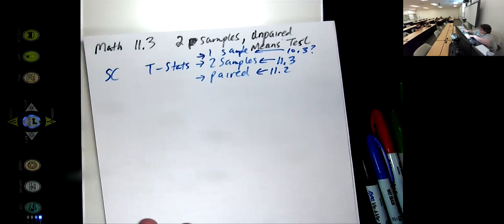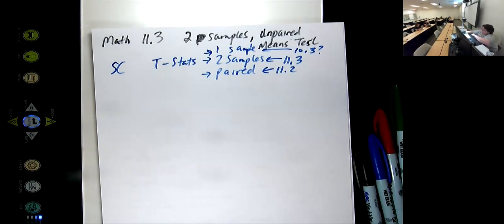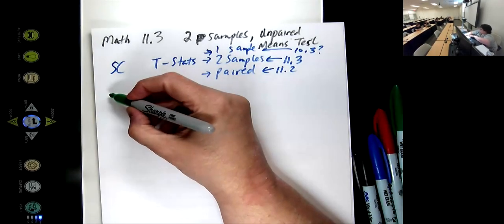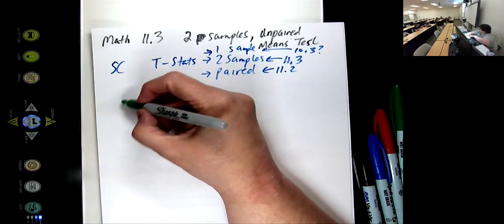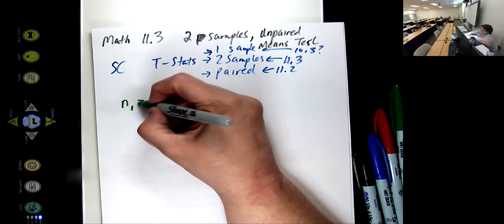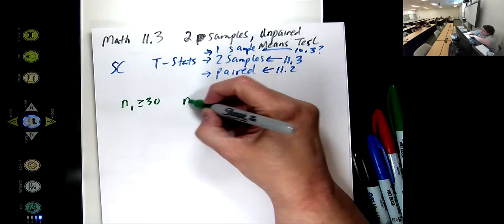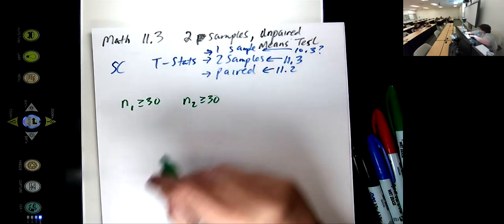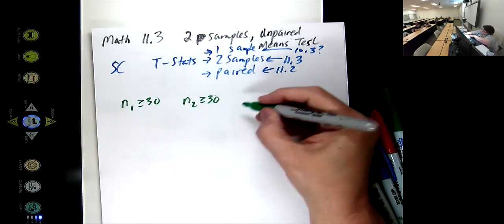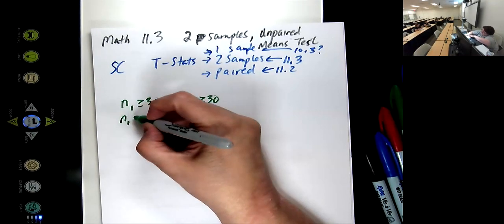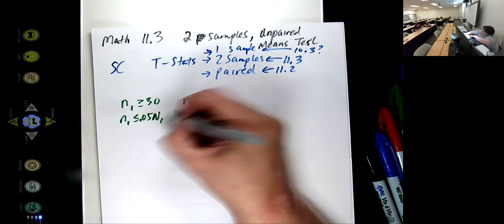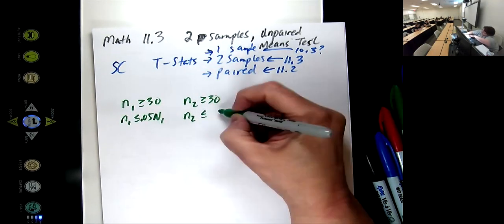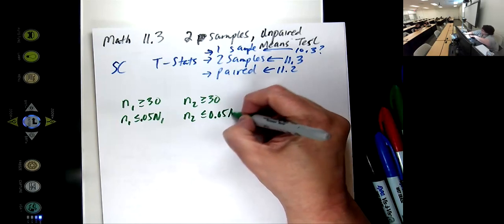So it has the same requirements. Well, it's very close to the same requirements as the paired one. We want N1 to be greater than or equal to 30, N2 to be greater than or equal to 30. We want N1 to be less than 5% of big N1 and N2 to be less than 5% of big N2.